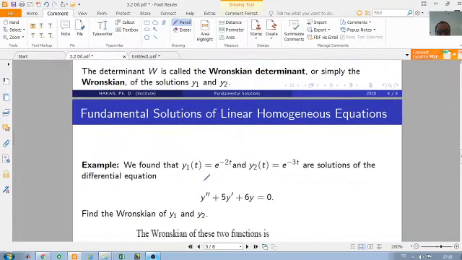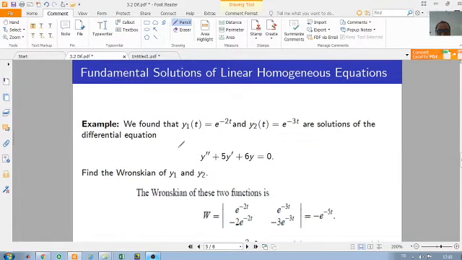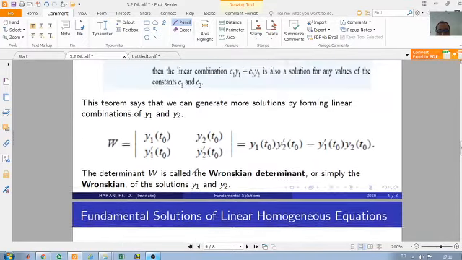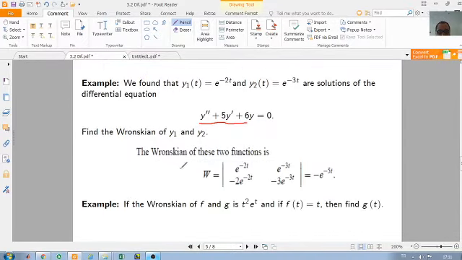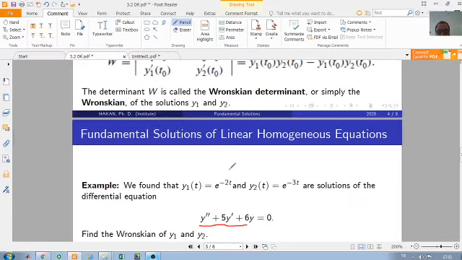Okay, for example, we found that the functions written here are solutions of the differential equation, if you remember the previous section. So find the Wronskian of y1 and y2. According to the definition, we will write the entries of the determinant.